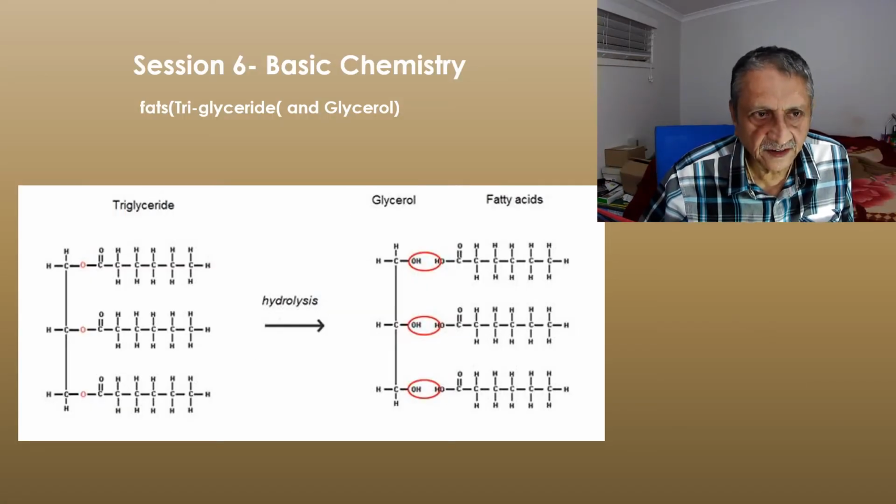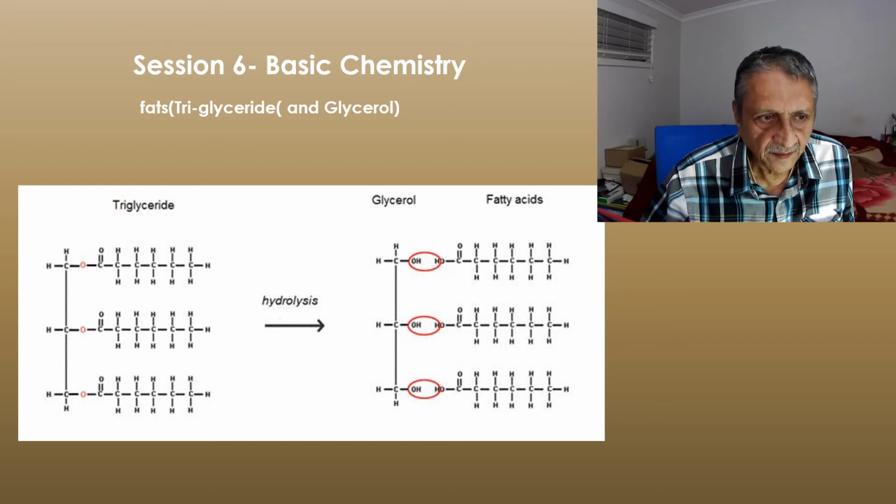This slide gives a picture or a diagram of what a fat is. The fat is alternatively known as triglyceride. Triglyceride means glycerol has three hydroxyl groupings, and each of the hydroxyl groupings combines with a fatty acid.